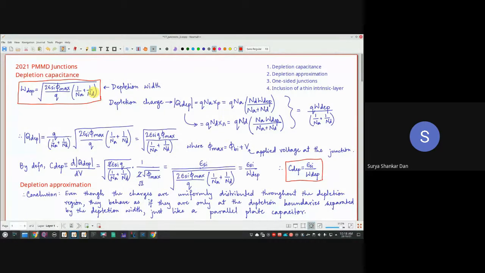Whenever there is a charge separation of depletion charges, you are always going to have a depletion capacitance. So this is essentially a DC capacitance. Keep this important point in mind. Let me just write it also: both DC and AC.